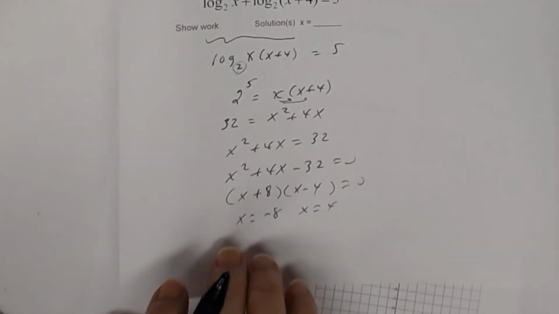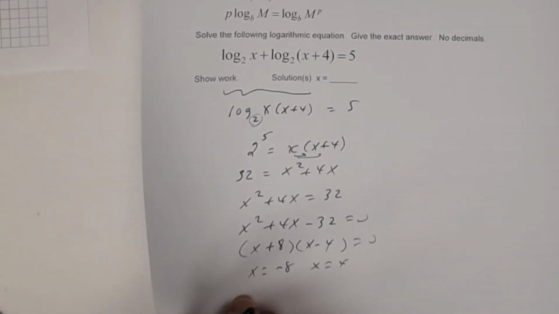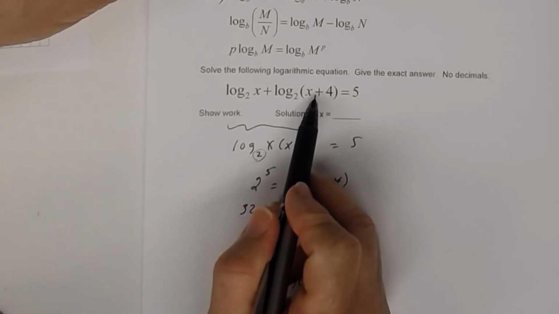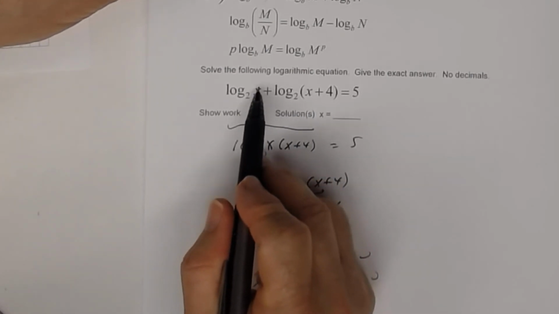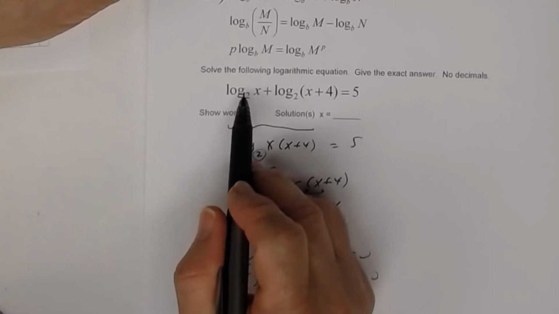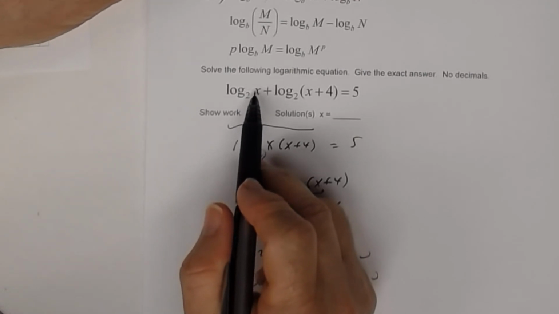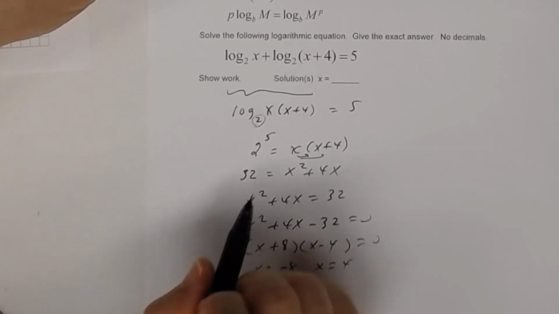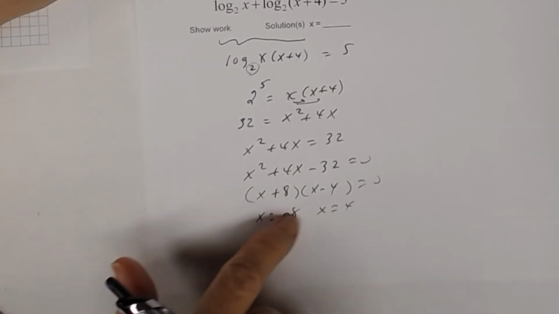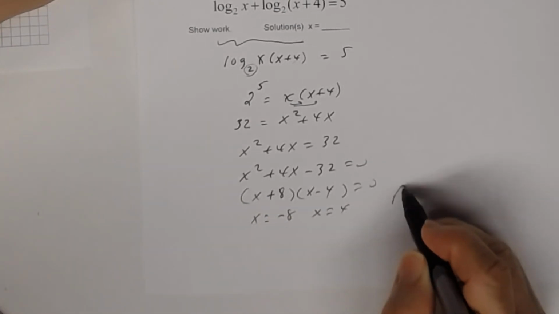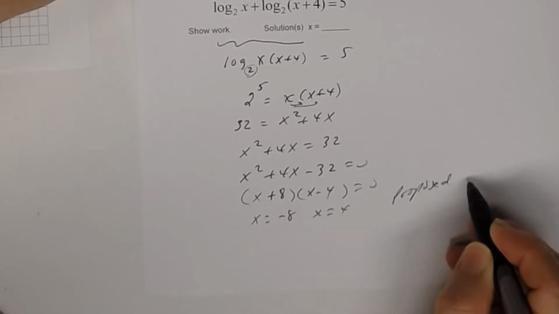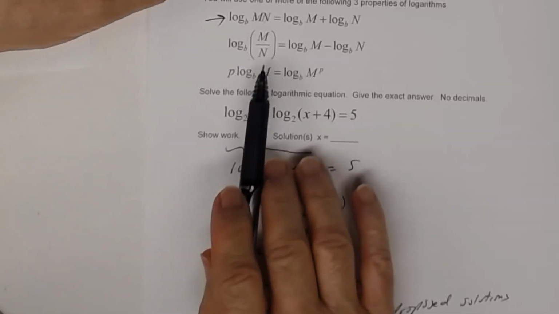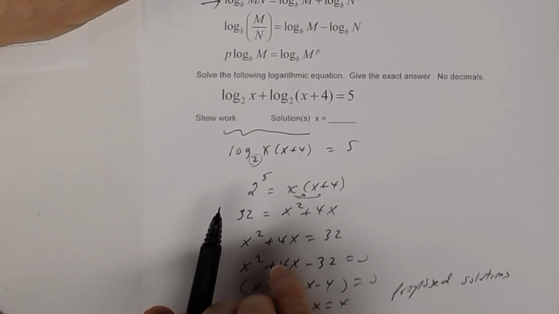Okay. Now remember though, when we talked about logarithms, you can only take the log of a positive number, right? So your argument cannot be zero because the log of zero is undefined, and also the log of a negative number. So you have to check to see if any of these proposed solutions, we call these proposed solutions, are actual solutions to this equation.